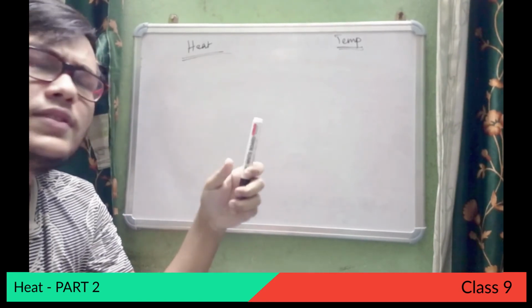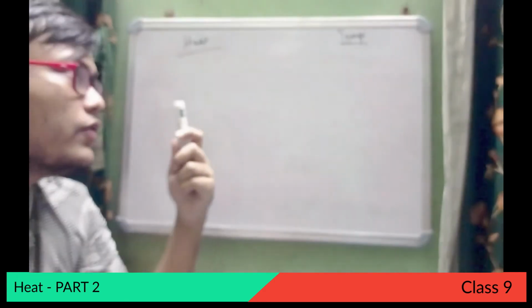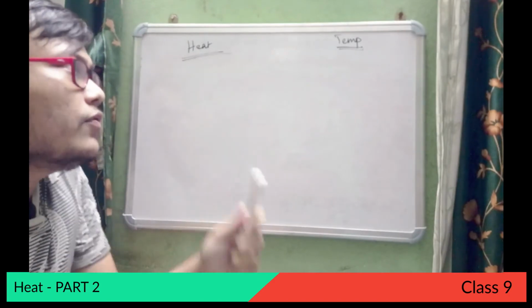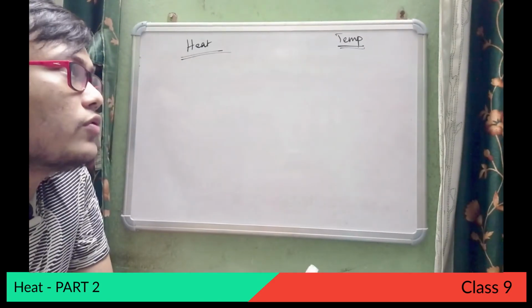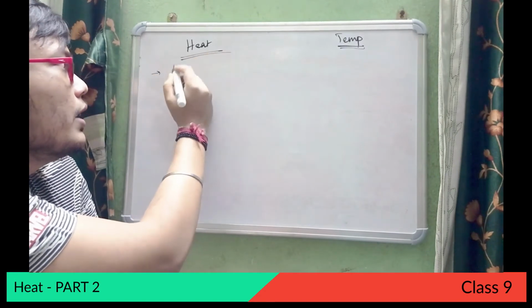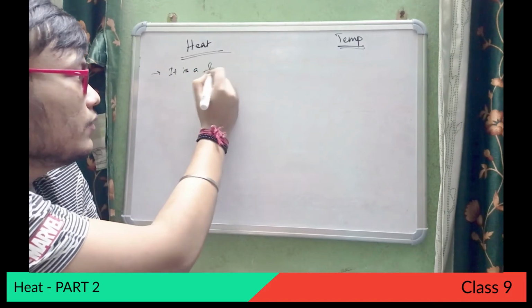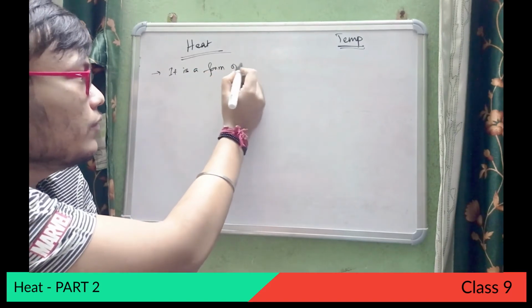Temperature is the sensation of hotness or coldness of a body, right? We can measure temperature with a thermometer. So the first point of difference is heat is a form of energy.